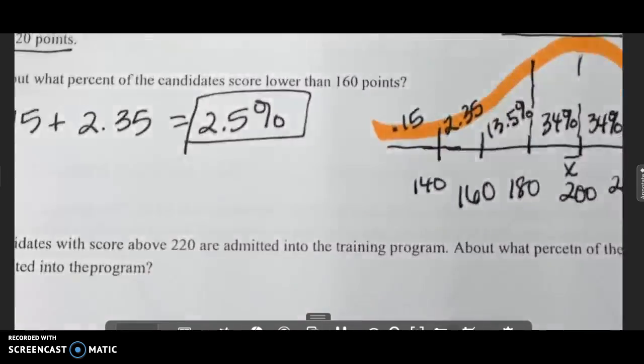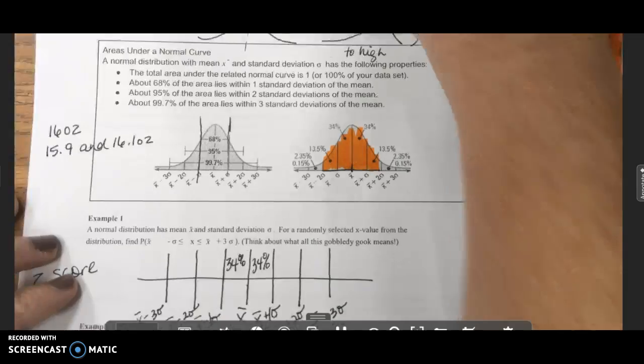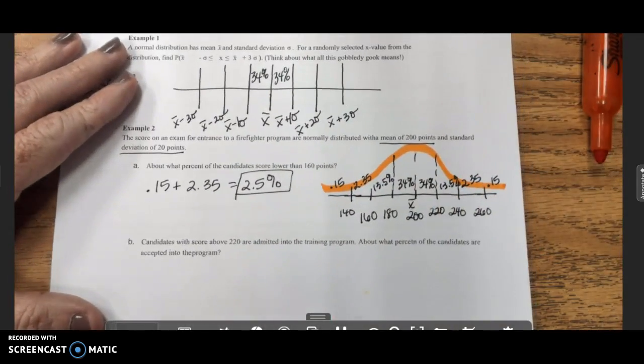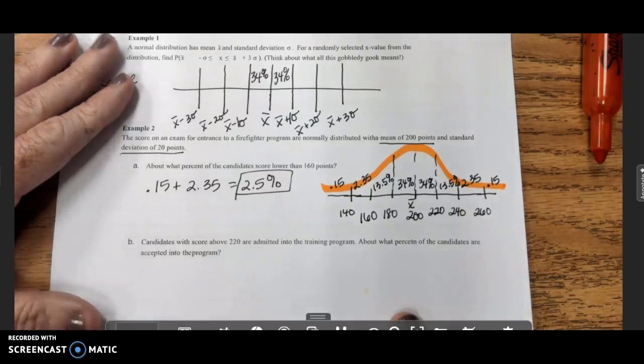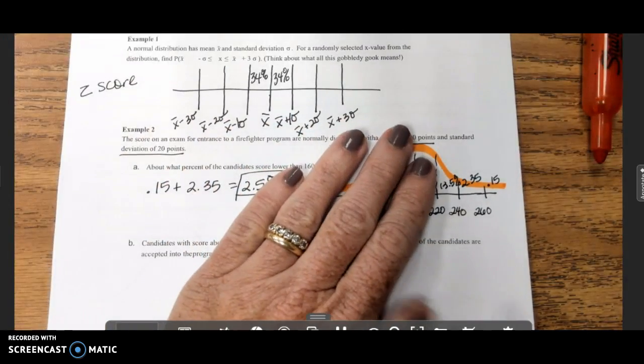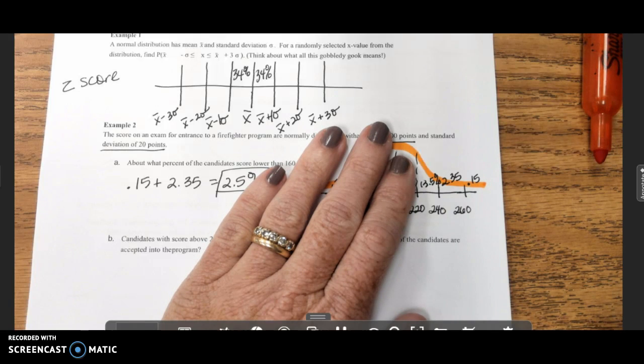Candidates who score above 220 are admitted into the training program. About what percent of the candidates are accepted into the program? So here's my 220. Everybody above that gets accepted. How am I going to find that percentage?